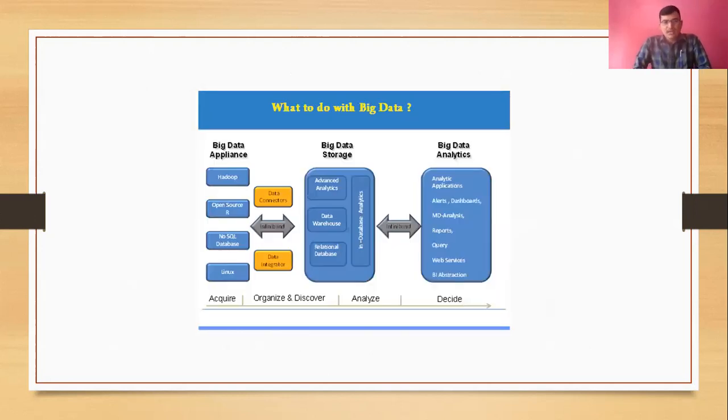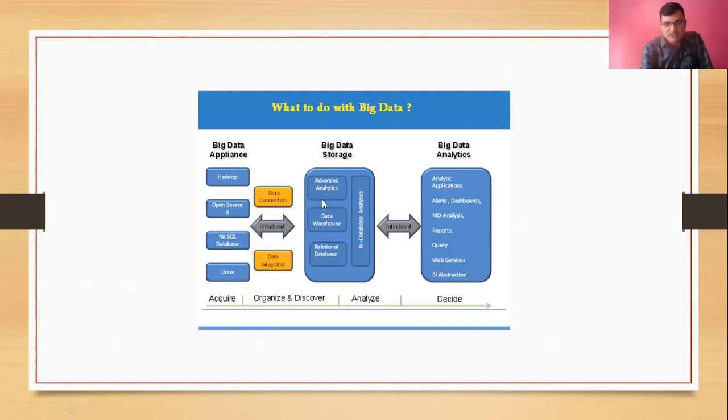What to do with big data? Big data applications, big data storage, big data analytics. Big data applications are of different types. The first ones are the open source framework Hadoop, open source R programming, NoSQL databases, and Linux. These are the big data applications. Then the data connectors and data integrators.